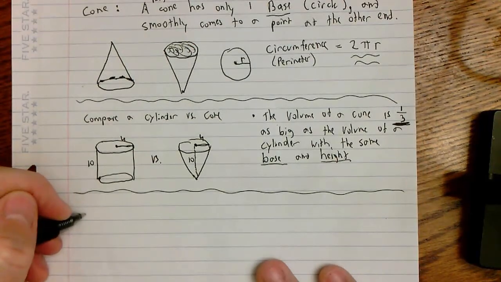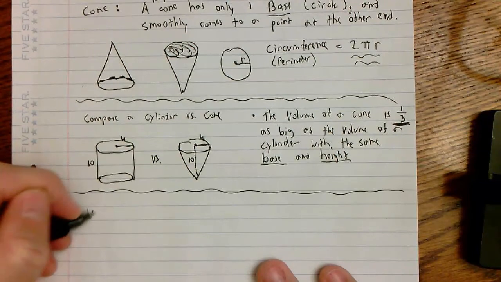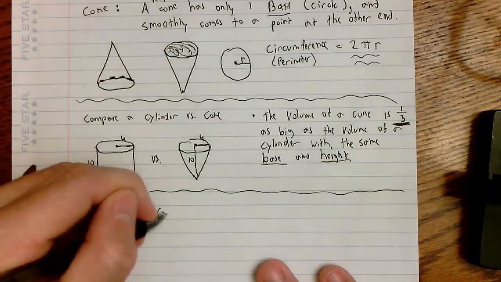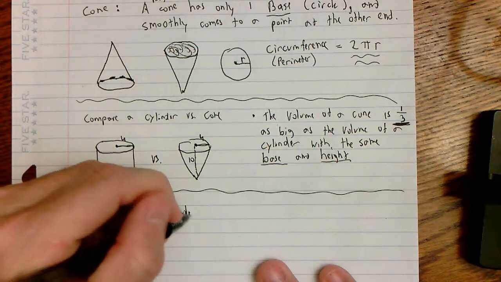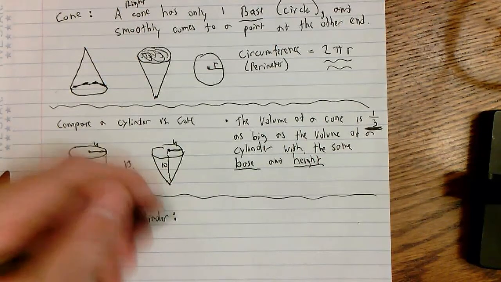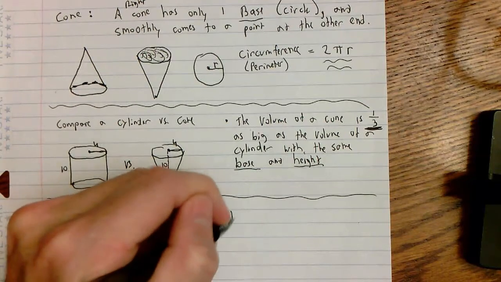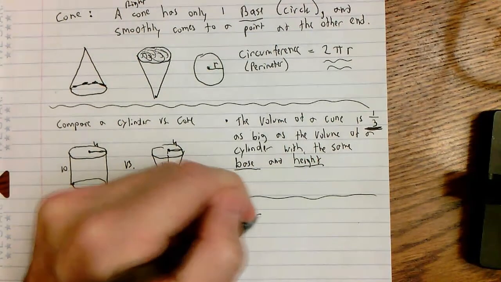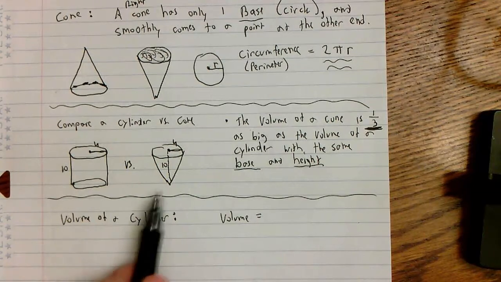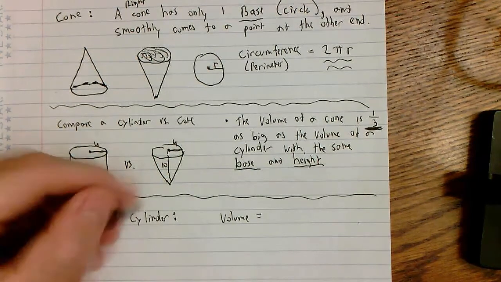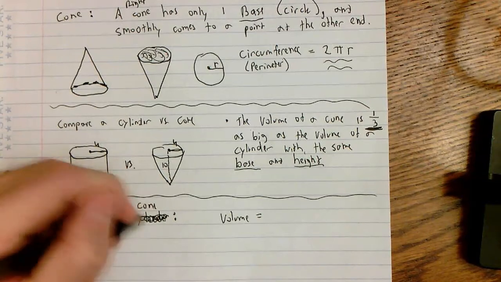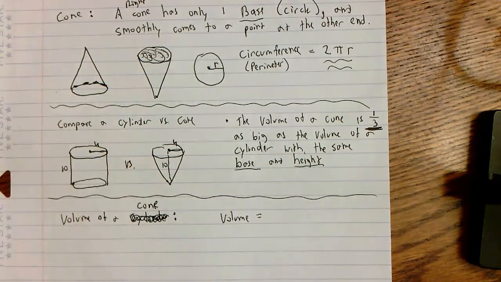We are now ready to look at the volume of a cone. Volume equals, well, I said cylinder, oops, my bad. We did cylinder yesterday. Cone, sorry about that.